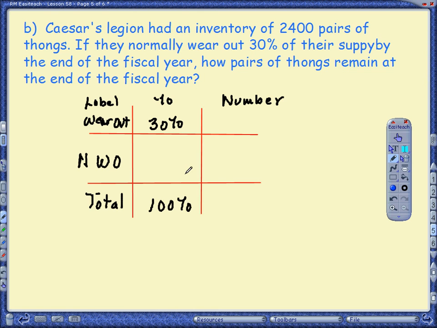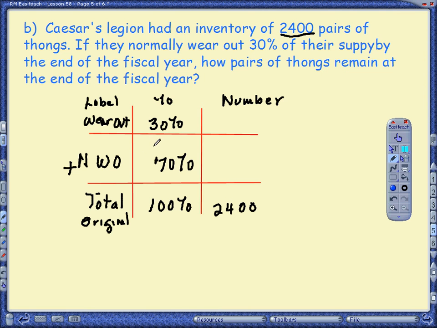And this is 100%. That means this would be 70. These two, remember, have to add up to the total at the bottom. Okay, this is what they had to begin with. That's the total or the original amount of pairs of sandals or thongs that they had. Okay, we put that here.